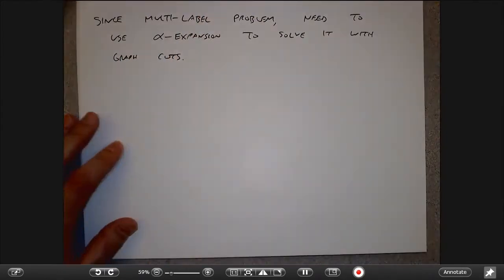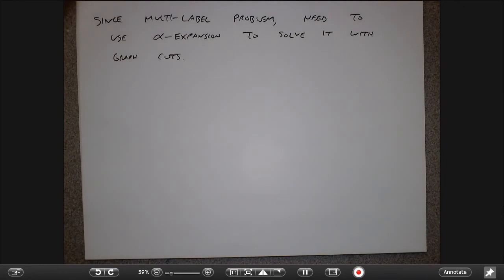You can refer back to one of the earlier lectures about how alpha expansion works, basically saying that at every stage, I am updating whether I should keep the label that I have, or switch to this potential new disparity, right? So if I have 16 disparities, I'm basically having a while loop over a for loop of 16 disparities, saying, for every pixel, should I stick or should I change?